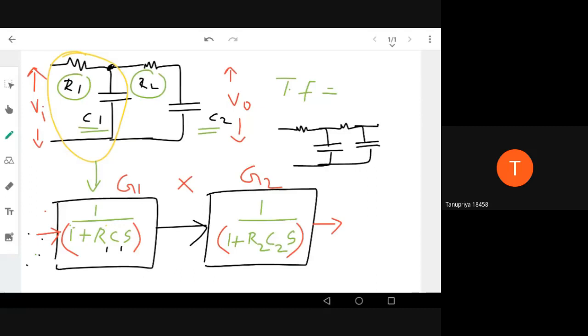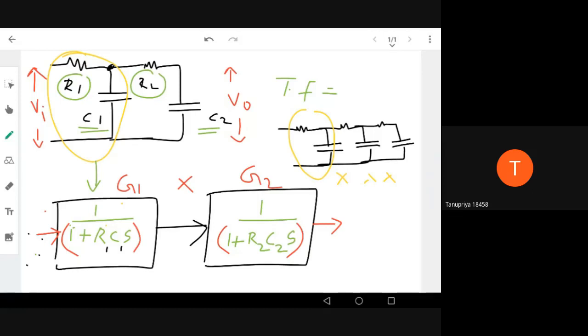Again, this is a Wien bridge oscillator kind of thing. If you know the transfer function of one among them, can you multiply them and get the overall transfer function, as we do in block diagram reduction?